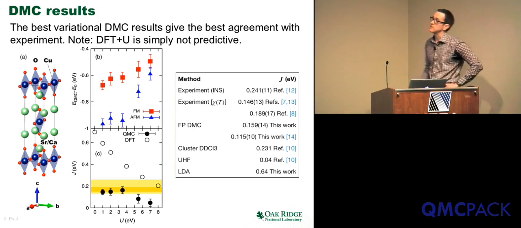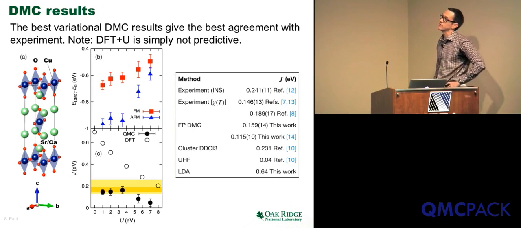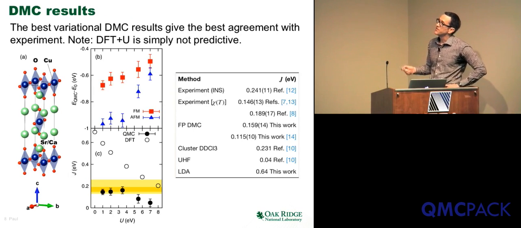So what about the results? I'm going to spend a little while talking through this. So this is the structure that we're running, and up here, in this top part of the plot, I'm showing energies for the ferromagnetic calculations and the anti-ferromagnetic calculations in the quantum Monte Carlo.